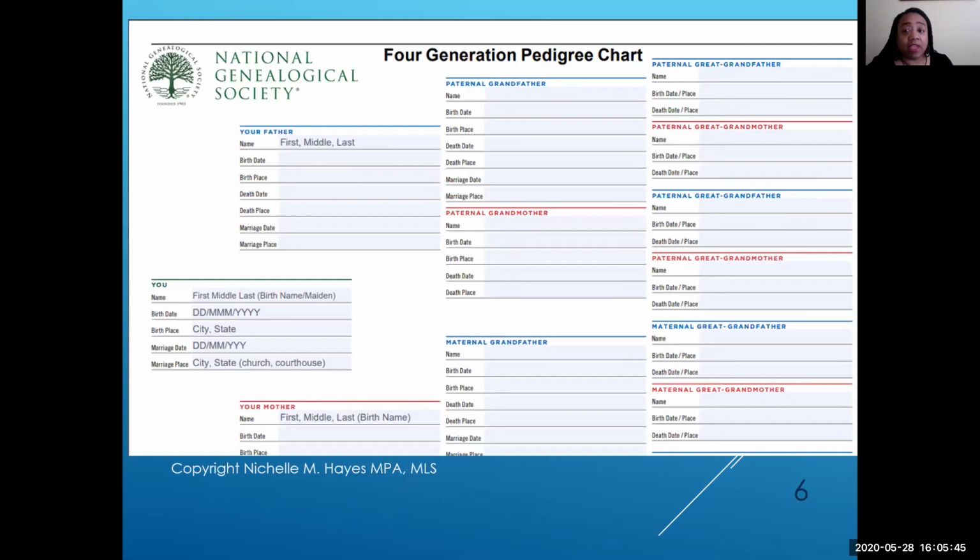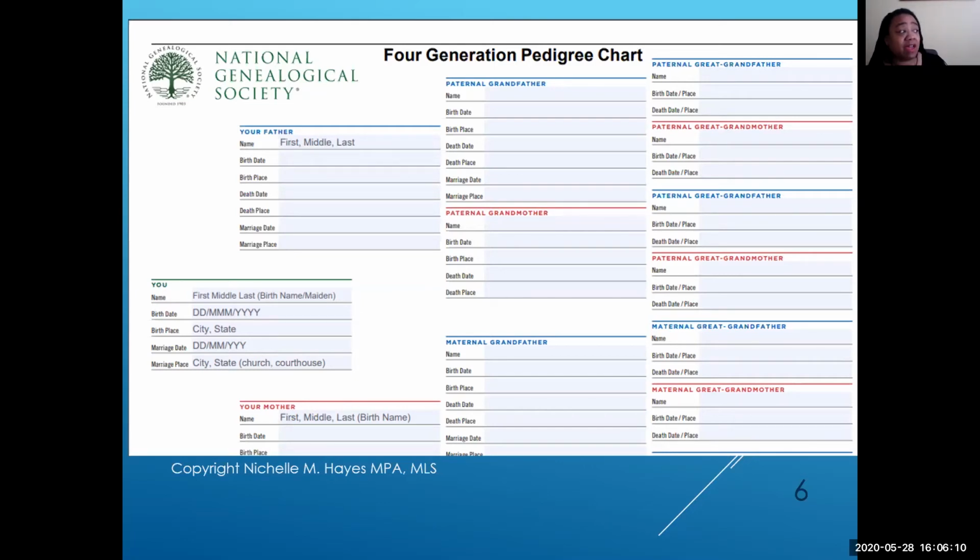And so if you have changed your name for any reason, you would want to put down the name that you were born with, and you can cite any name changes later in another form. You want to put down your birth date, day, month, and year, the birthplace, if you're married, marriage date, and marriage location. And then we start working on our parents.